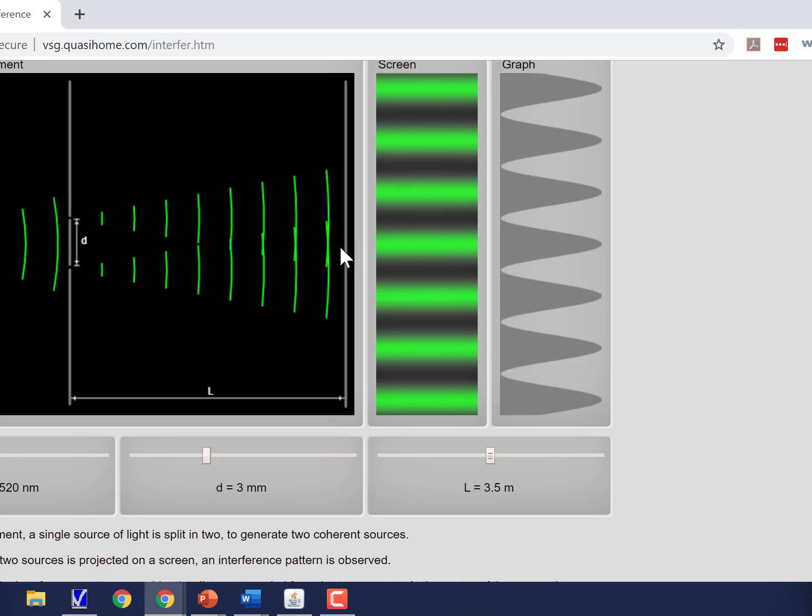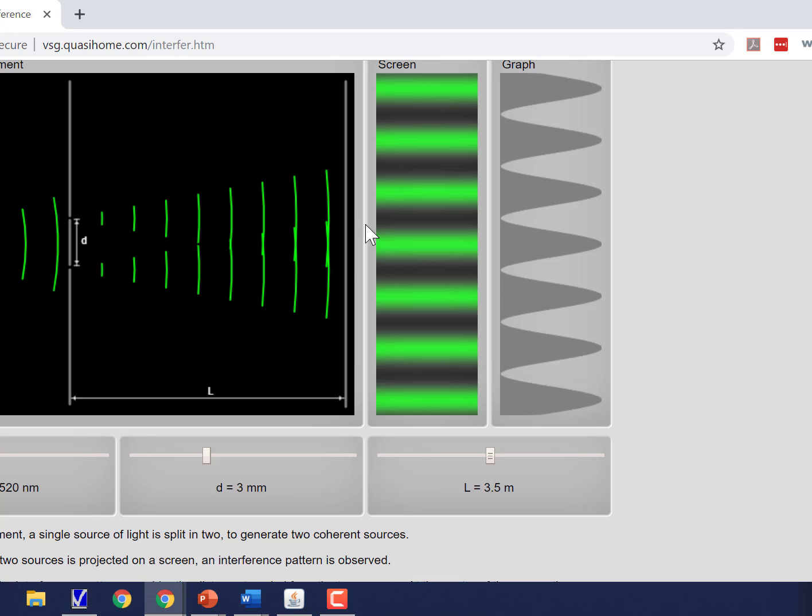Right here they're going to add up, and right in between there's a place where they always cancel each other out. There's going to be an angle where the top of one and the bottom of the other always add up, because it's a curve, right? So there'll be an angle, and you'll get this pattern of dark, light, light in the middle, dark on both sides, then another band of light, then dark, alternating light and dark.